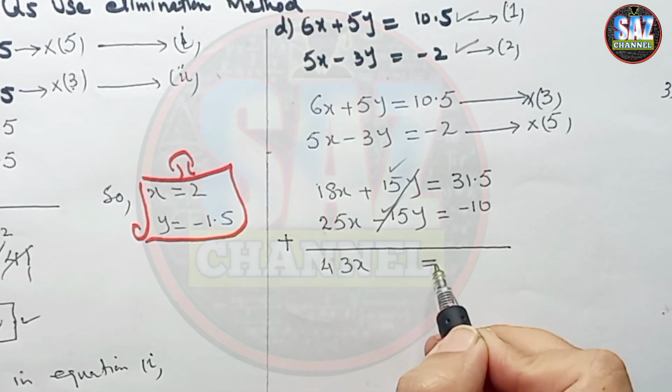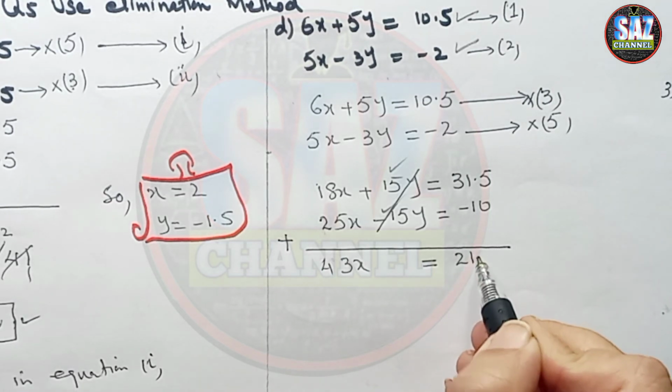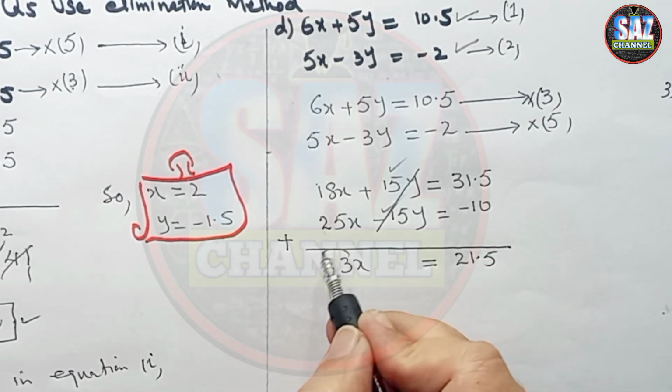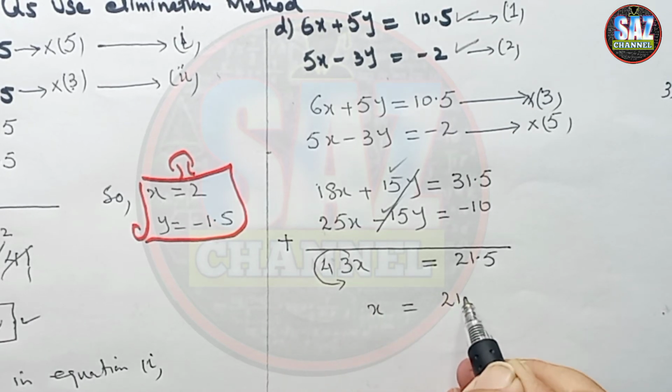43x equals, I have to take away 10 from 31.5. 31.5 minus 10 will give me 21.5. So in order to get the value of x, shift 43 to the other side. 21.5 upon 43.